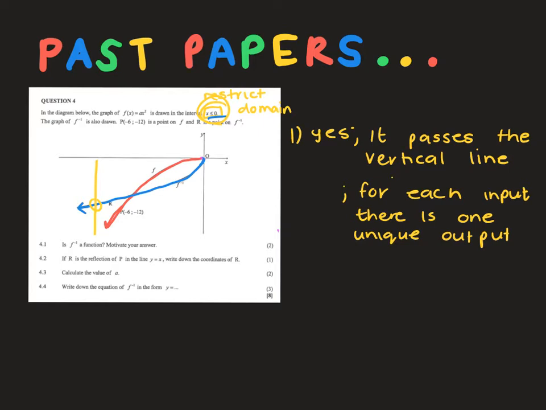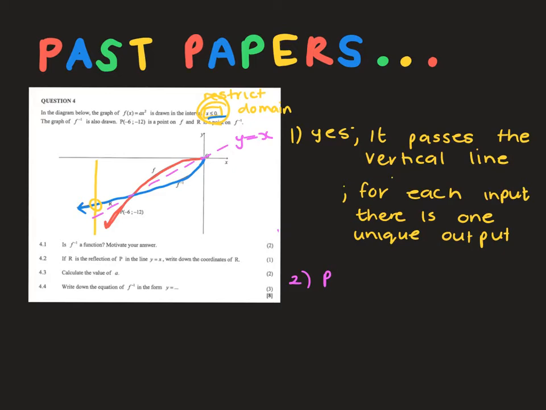Let's have a look at question 2. If R is the reflection of P in the line y equals x, write down the coordinates of R. We know that the functions here are reflecting over the line y is equal to x. And with this transformation, if you reflect over the line, your x and y values switch.